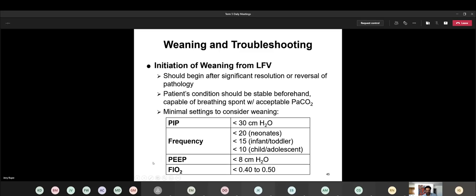And in some cases, these would be minimal enough settings where you could even possibly consider extubating. Except for that PIP, though, you probably would want to get the PIP down to about 20 before you would consider extubation.